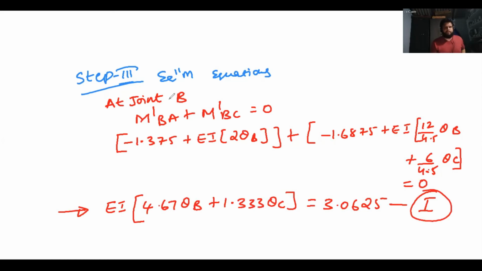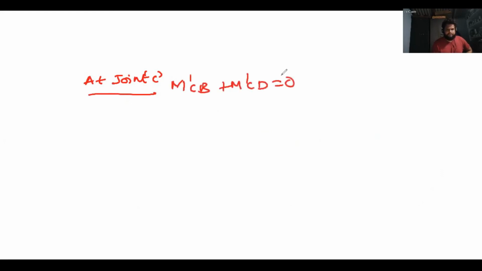So this is the equilibrium equation at joint B. Next I have to write the equilibrium equation at joint C. So at joint C, M dash CB plus M dash CD equal to 0.